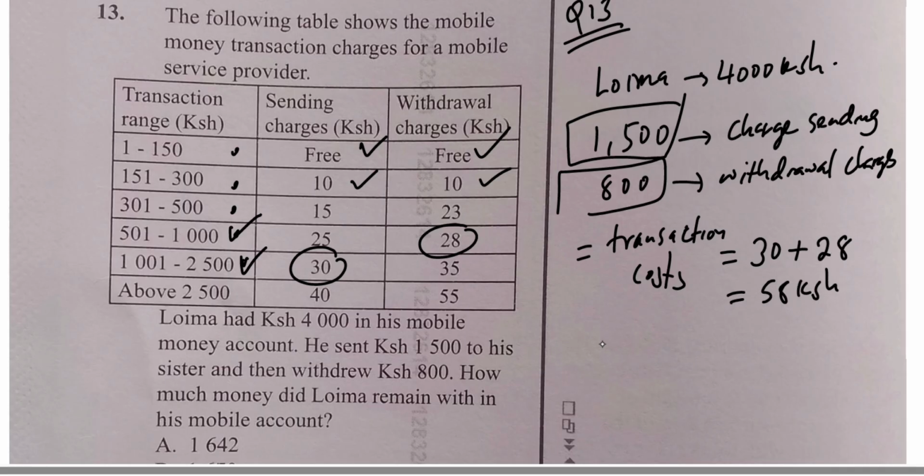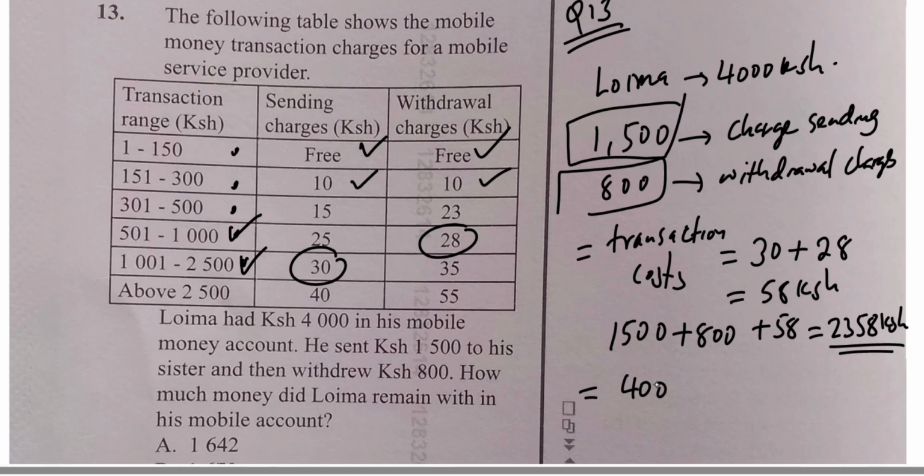Now remember, he sent 1,500. He also withdrew 800, and then he incurred 58 shillings as the transaction cost for sending and withdrawing. When you add those up, it gives you 2,358. Then 4,000 minus 2,358, because you want to know how much he remained with in his mobile account.